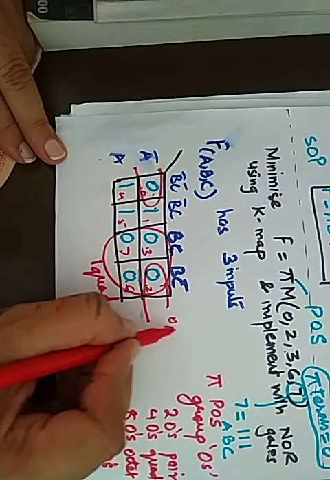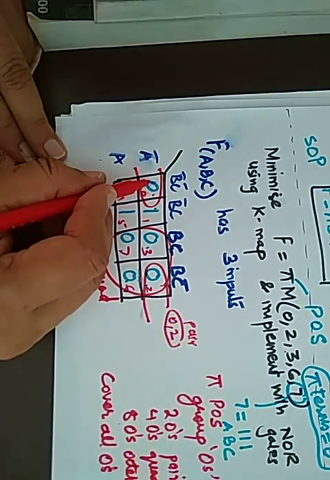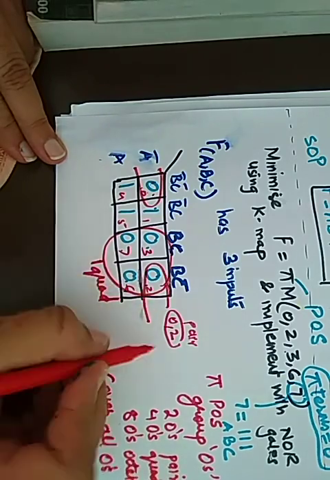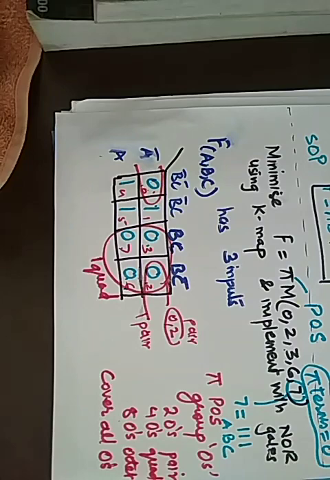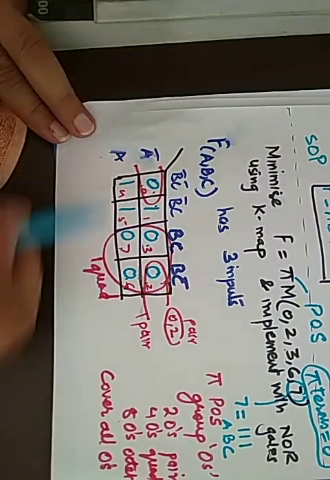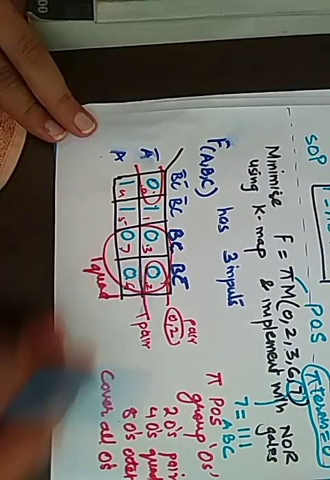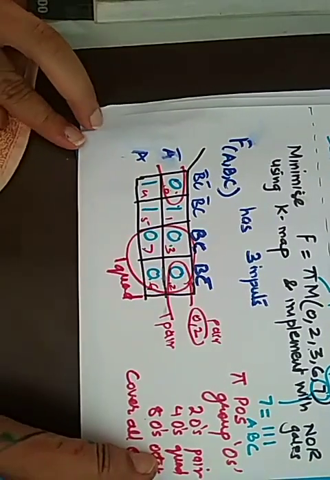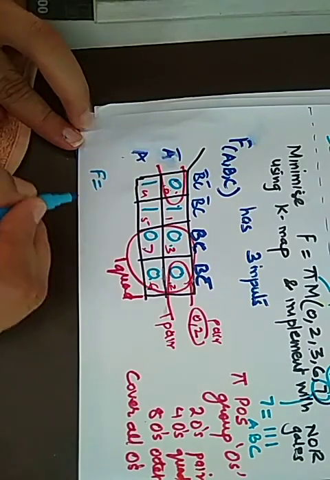This 0 and 2 will form a pair. 0 on this side, 2 on this side. So this is a pair. Any 0 left? No. We've covered all the zeros. Overlapping is possible. Once we've covered all the zeros, we finally have to find the solved value for f.